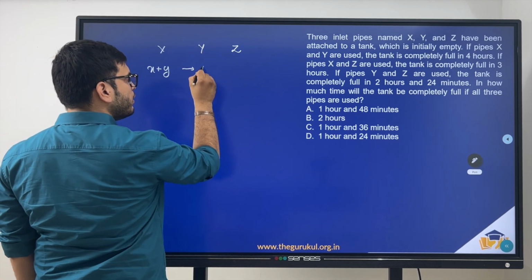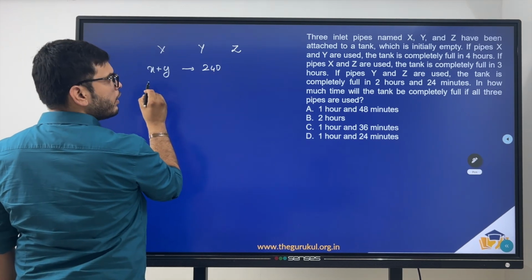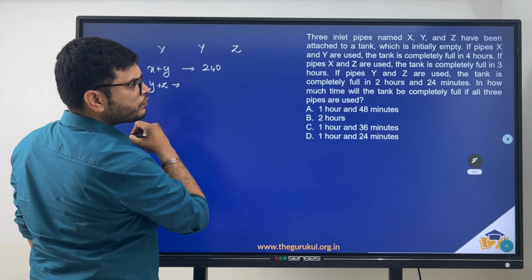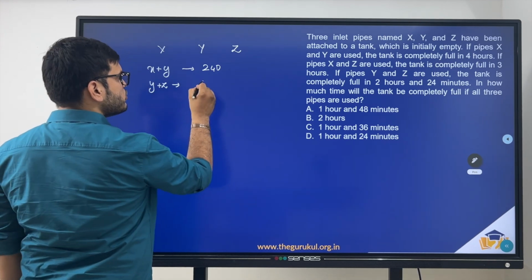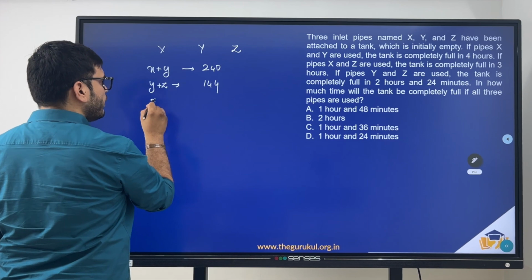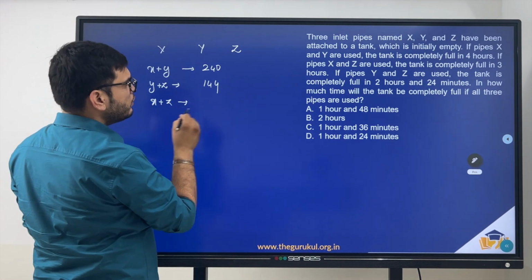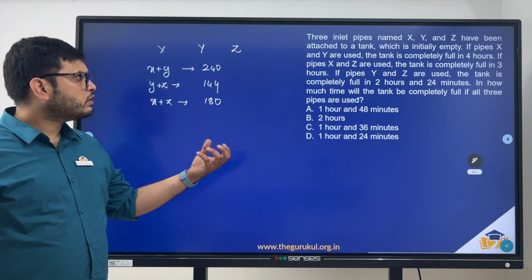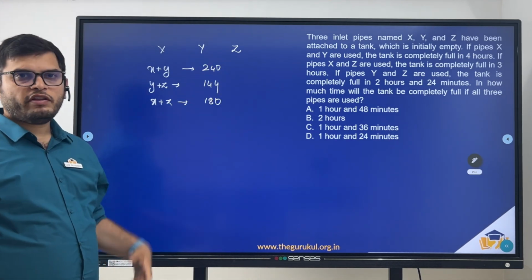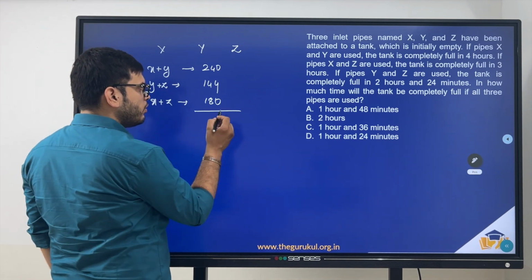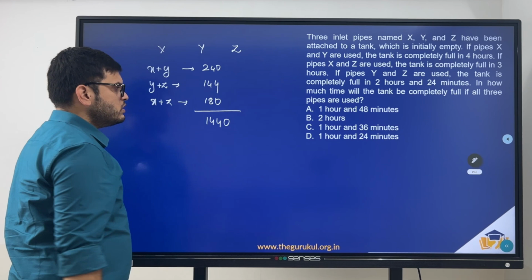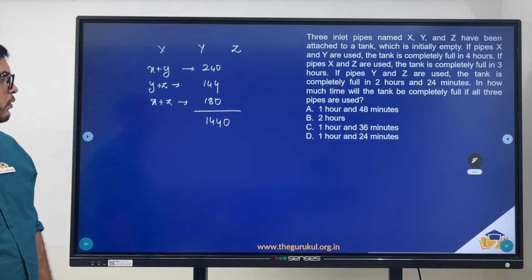Now let me write that in minutes, 240 minutes. And then Y and Z are used 2 hours 24 minutes, so 144 minutes. And when X and Z are used, 3 hours, 180 minutes. Now let me consider the capacity of the tank to be the LCM of these three. Now what is the LCM of these three? 1440, right?